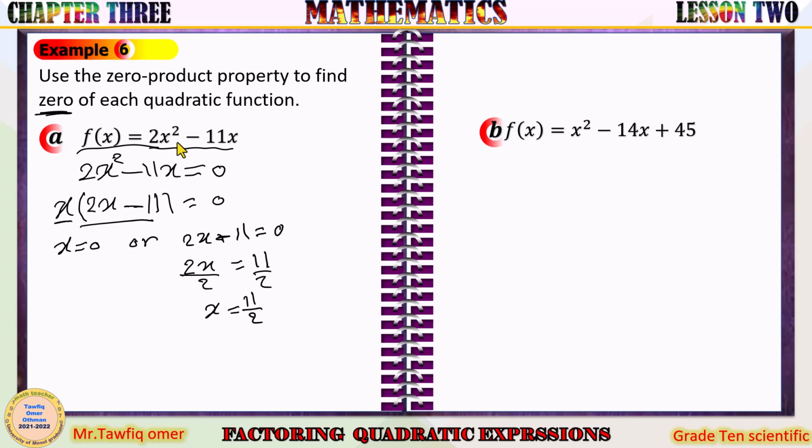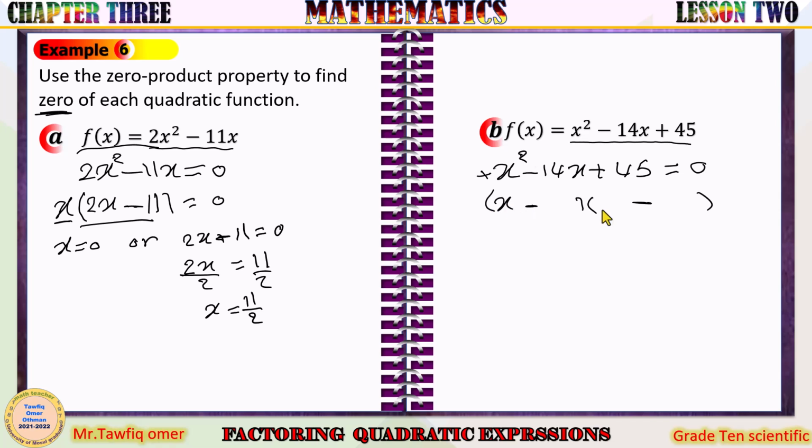Here we're doing the same thing. Take the right side, x squared minus 40x plus 45 is equal to 0. Open two brackets, plus times minus is minus, minus times plus is minus, x.